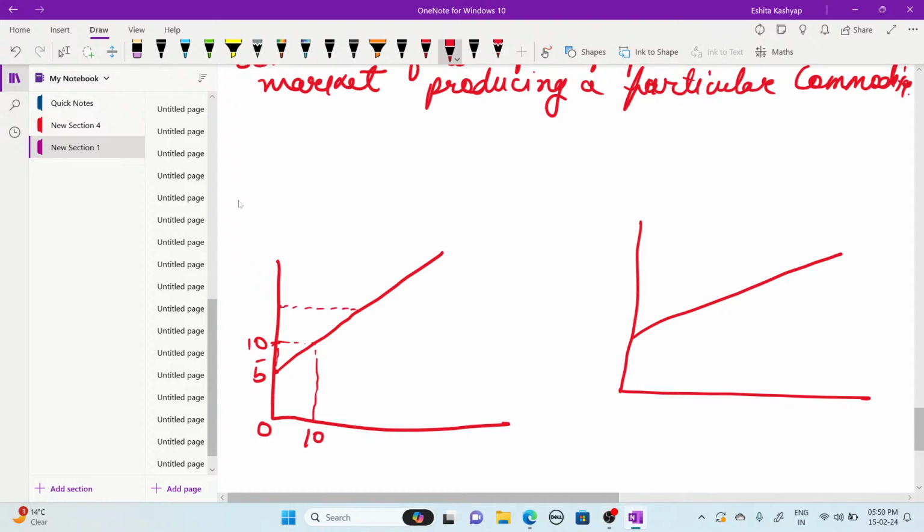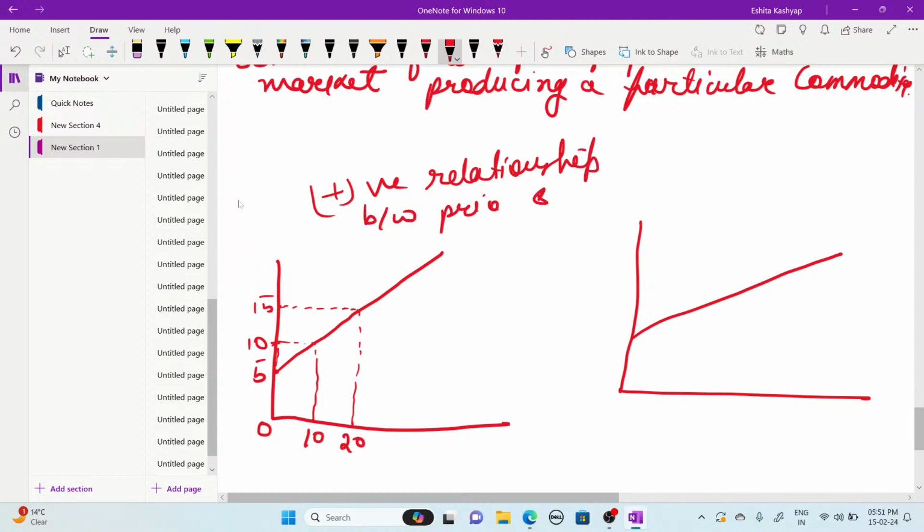As we move up, at price 15, producers are willing to sell 20 units of output. So this is showing the positive relationship between price and quantity supplied. This is quite different from the demand curve. Demand curve shows a negative or inverse relationship between price and quantity, but supply shows a positive relationship.